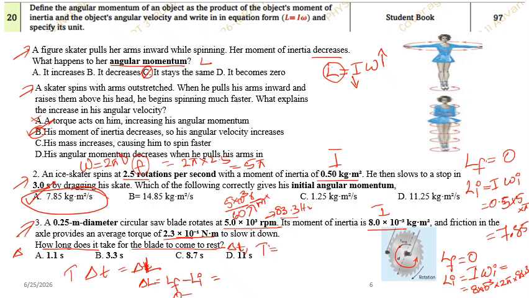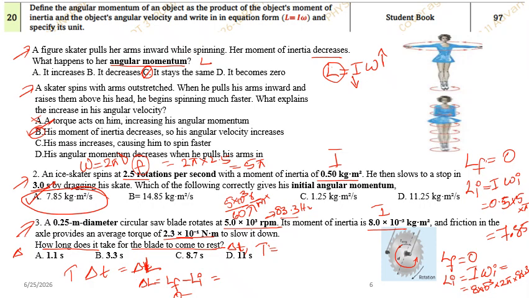So f is 83.3. When I'm putting all the values together, 83.3 multiplied by 3.14, multiplied by 2, multiplied by 8, I'm getting 4.184.